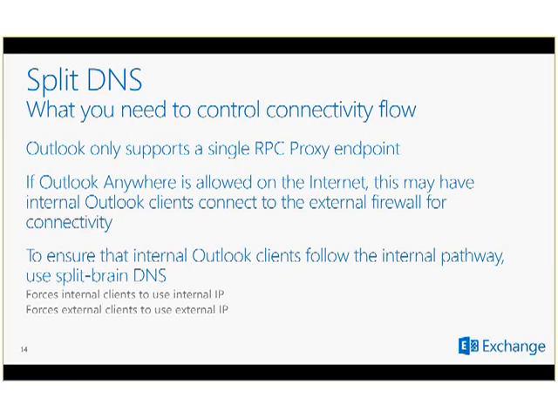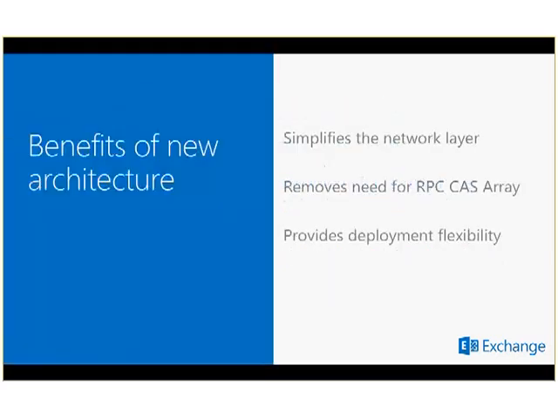So a quick wrap up of the new architecture so far is that we have greatly simplified the network layer. We're essentially using HTTP everywhere. We're not using RPC for any of our proxy connections any longer, or CAS to mailbox connections, making latency not as much of an issue as it was in the past. We've gotten rid of the RPC CAS array entirely, so we don't have to set those up anymore, and we don't have any Outlook profiles updating when you move a database between sites perhaps, and causing users to have to restart Outlook.